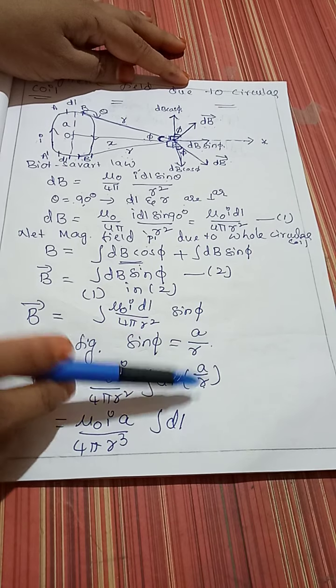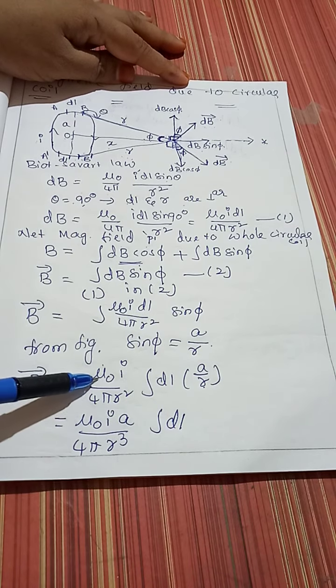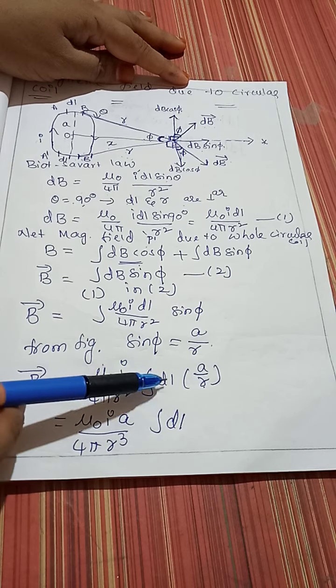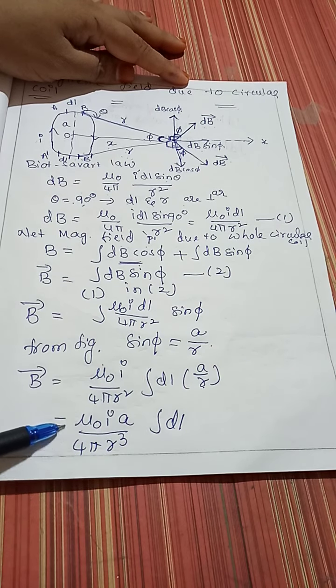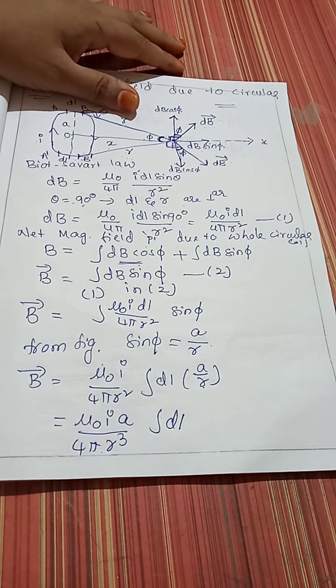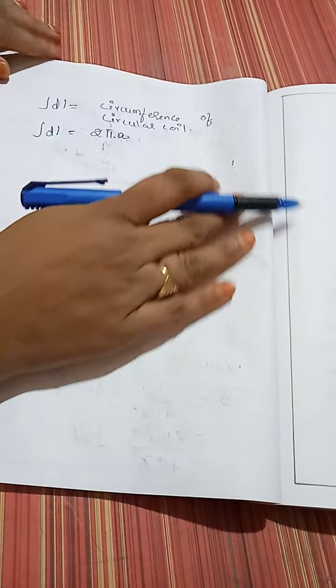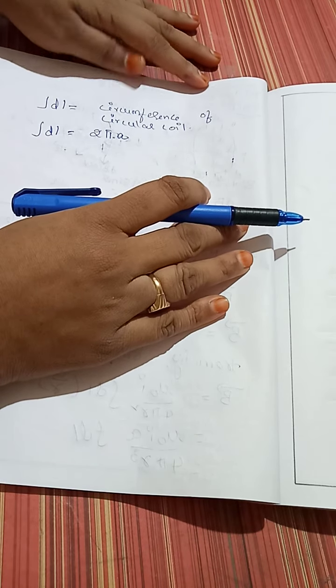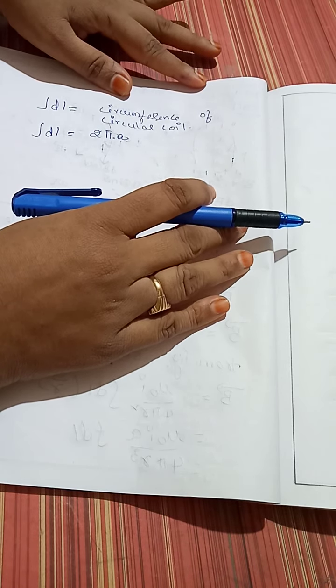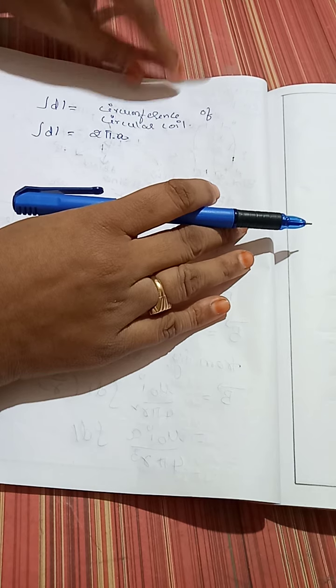We get mu naught I by 4 pi r square integral dl a by r, which equals mu naught I a by 4 pi r cube integral dl. Here integral dl is nothing but the circumference of the circular coil. As a is the radius, the circumference becomes 2 pi a.